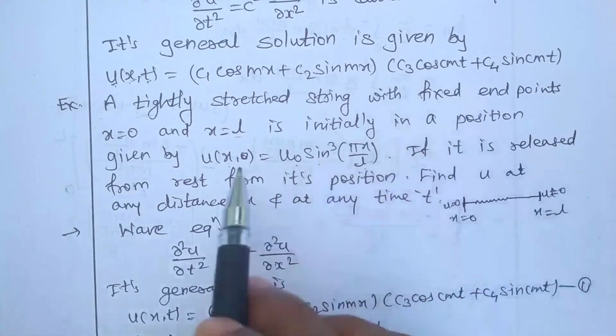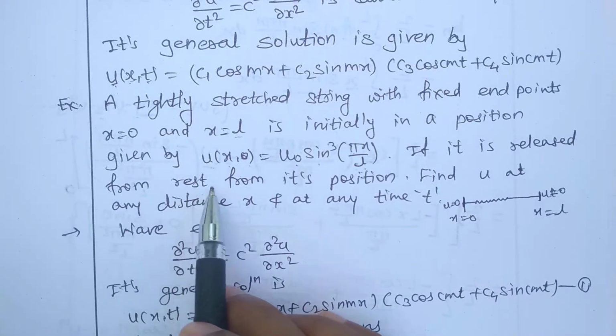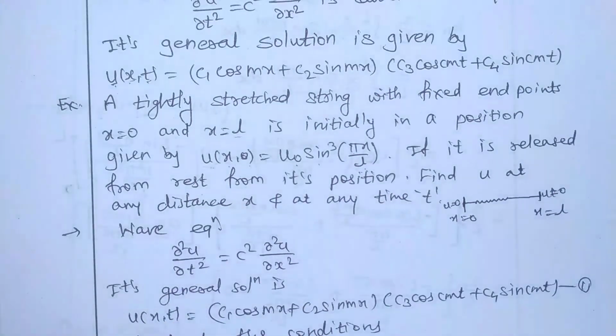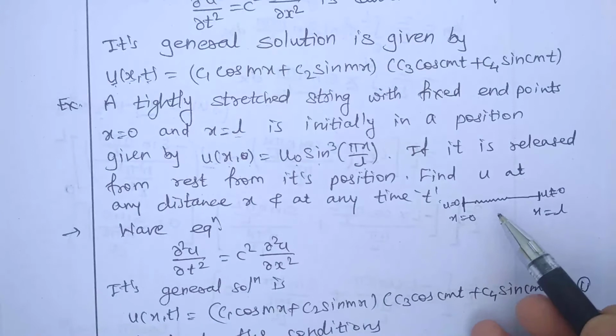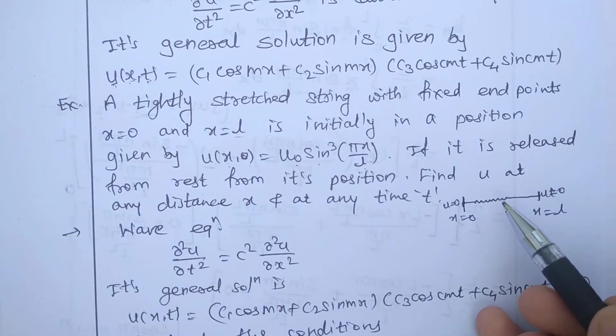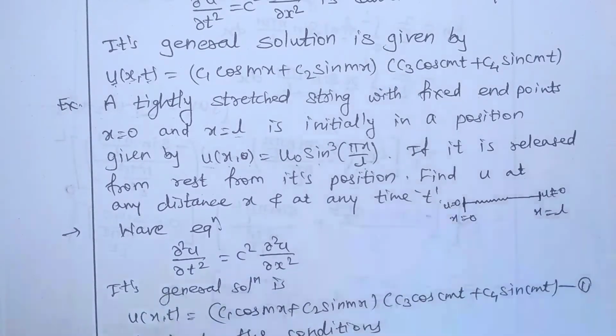And if it is released from rest from its position, that means velocity at time t = 0 is 0. So we have to use the initial conditions.